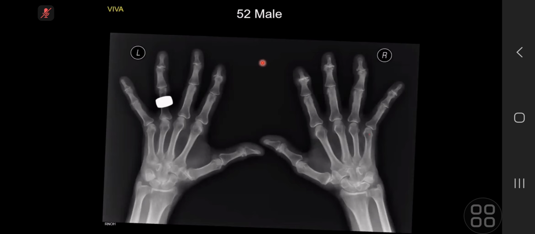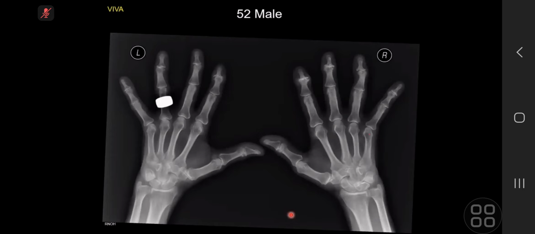I want to look for the soft tissue swelling, so I can also appreciate the soft tissue swelling in the right index finger proximal region. And what else can I see? So the rest of the carpal and metacarpal joints are normal to me.